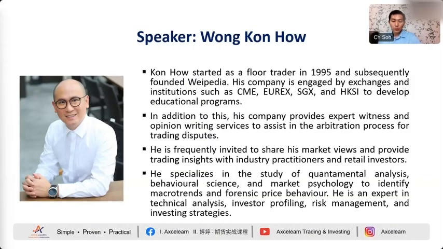Let's move forward to our next speaker, Mr. Wong Kon Hao. He started his career as a floor trader in 1995, and later he founded his company Weipedia. His company is engaged by numerous exchanges and institutions to develop educational programs. Besides that, his company also provides expert witness and opinion writing services to assist the arbitration process for trading disputes.